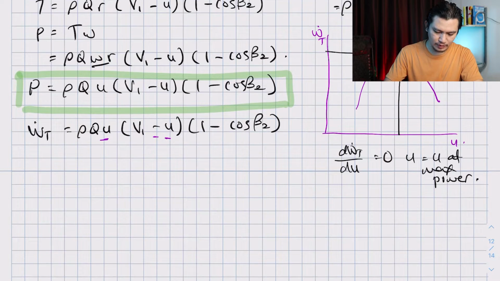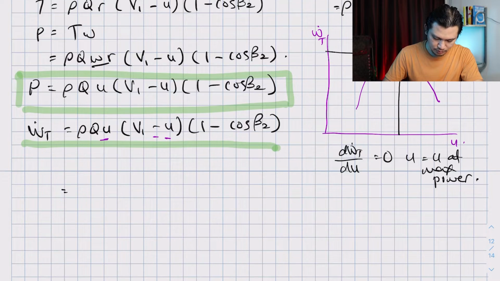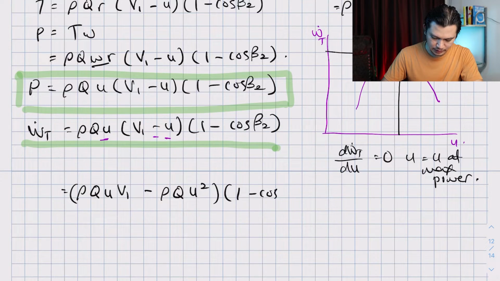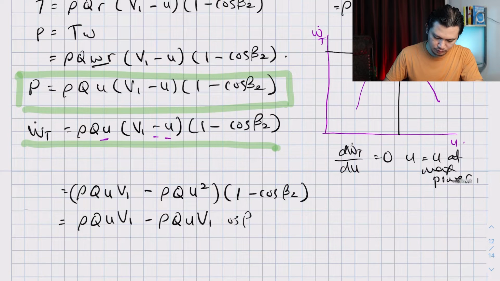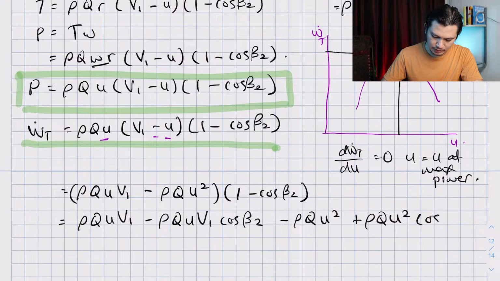First of all, I'm going to combine these equations. So this is going to be rho Q U V1 minus rho Q U square times 1 minus cos beta 2. This is equal to rho Q U V1 minus rho Q U V1 cos beta 2 minus rho Q U square plus rho Q U square cos beta 2.